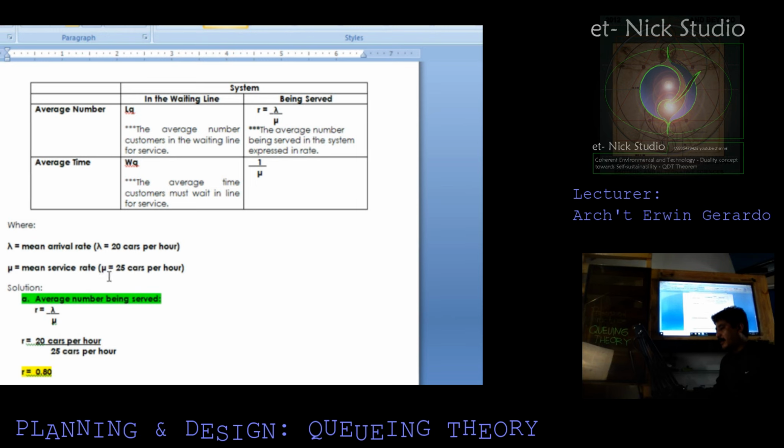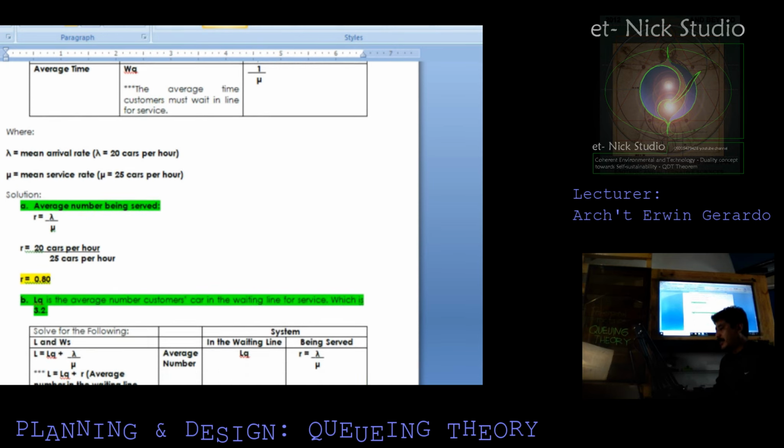So mu, therefore, is 25 cars per hour, which the car wash boys could attend to while catering to their clients. While alpha is the mean arrival rate, where cars would wait for their service. So there is a mean arrival rate of 20 cars per hour.